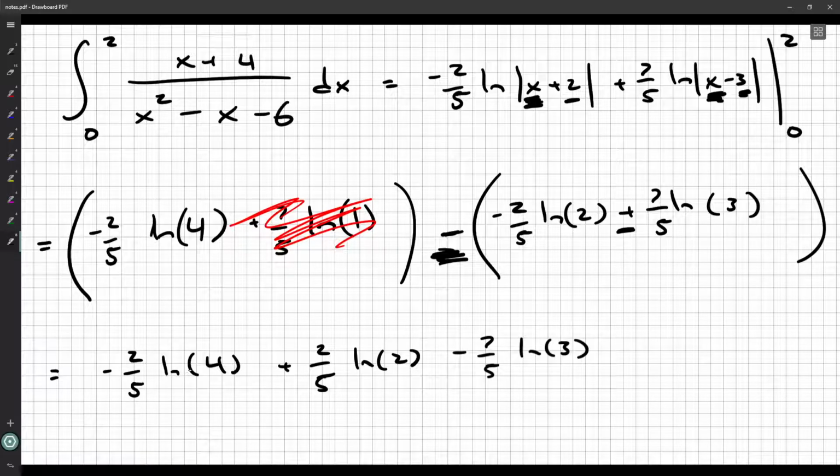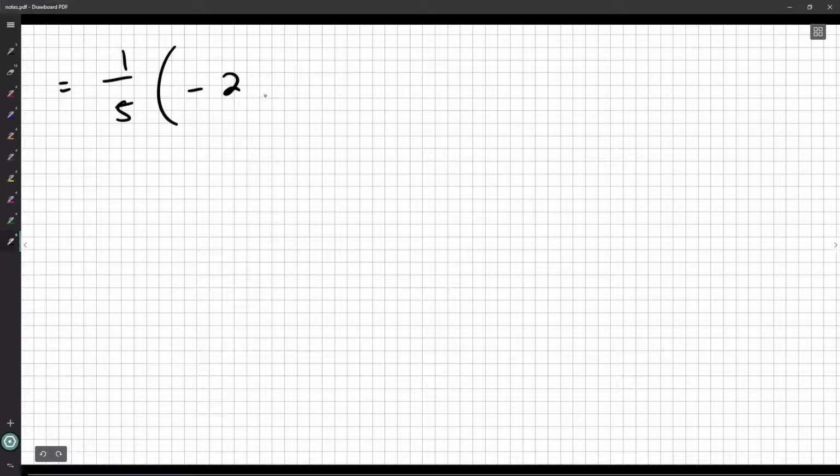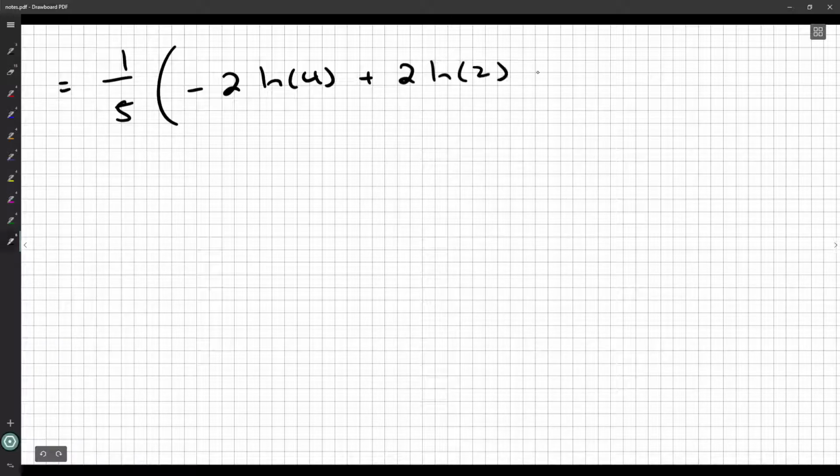Well, let's see. We could take out a factor of 1/5 from everything. So we get minus 2 ln 4 plus 2 ln 2 minus 7 ln 3.